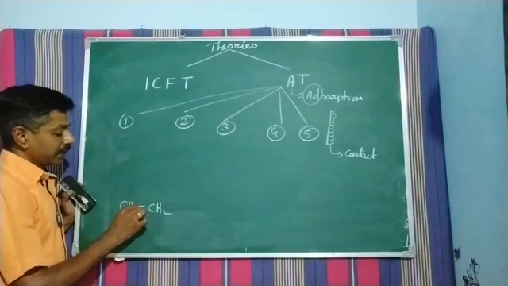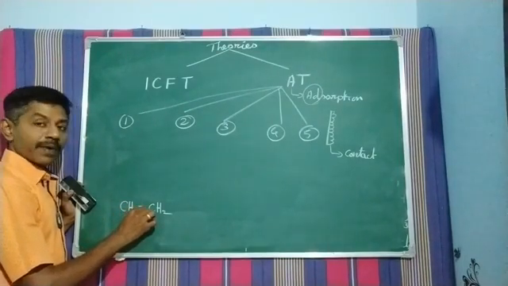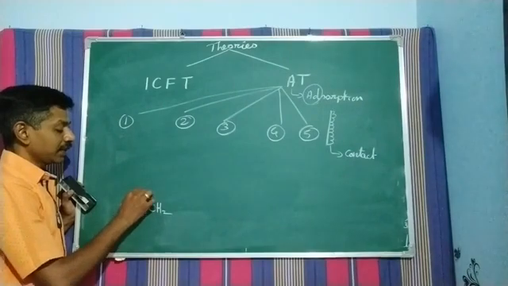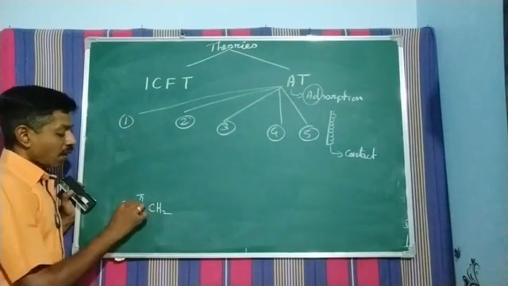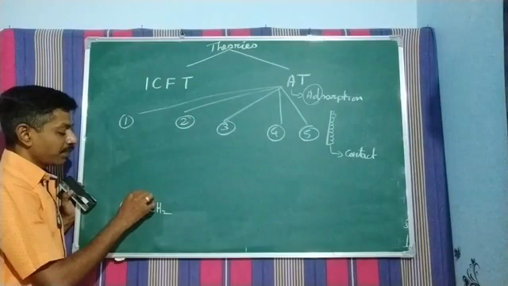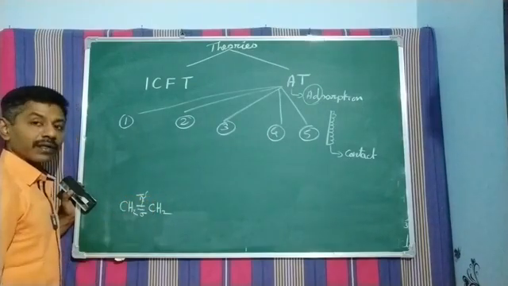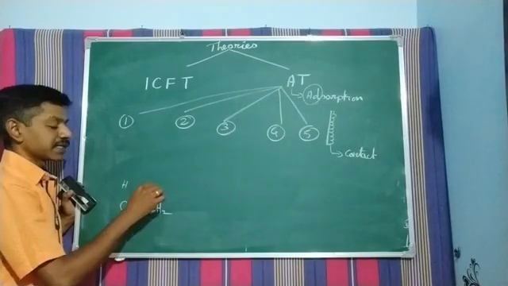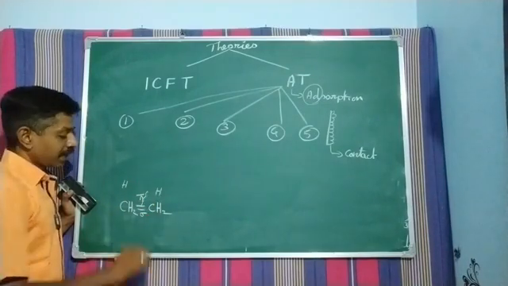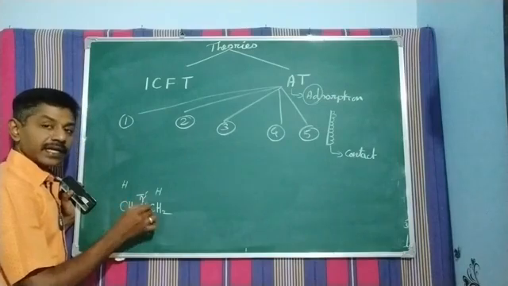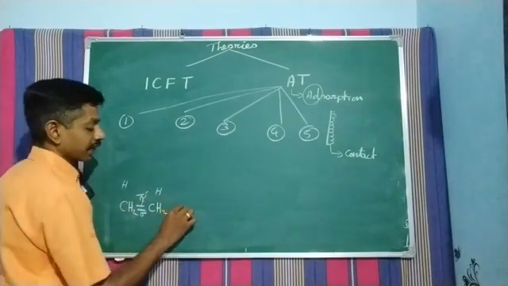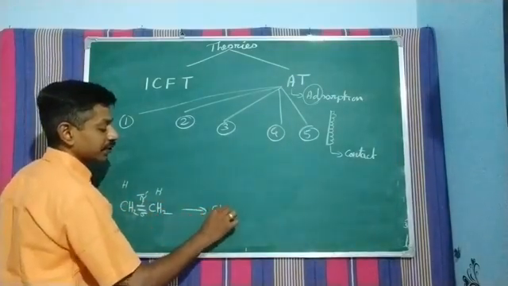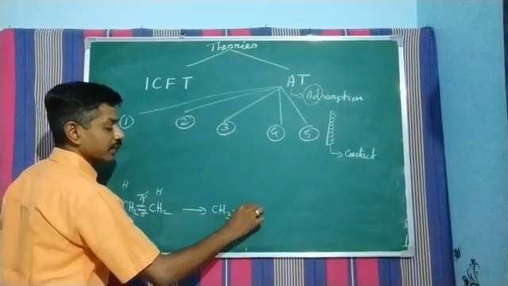And this ethylene molecule has one sigma bond and another one is a pi bond. Out of these two bonds, the pi bond can be easily broken, and you can add hydrogen atoms on either side. Then an unsaturated, double-bonded alkene will get converted into a saturated hydrocarbon.